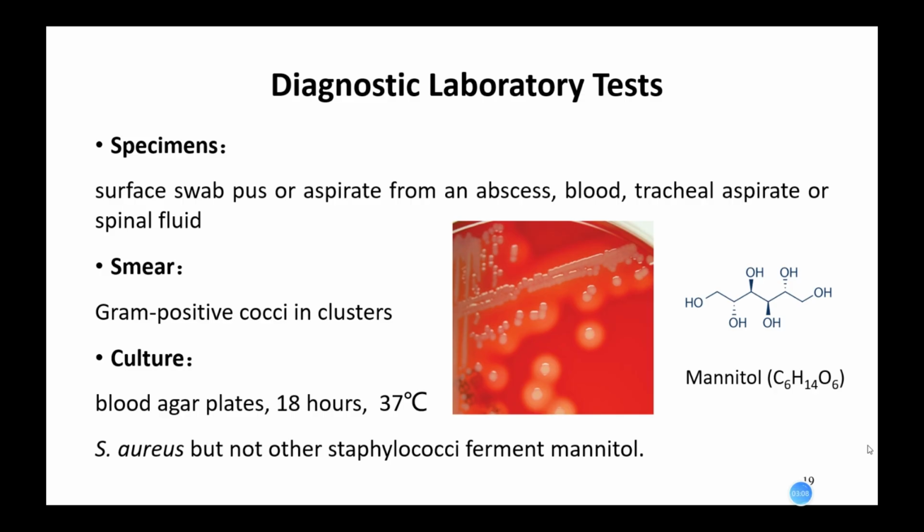You can see the colony on blood agar. It's a smooth colony, and it also produces the golden pigment, which is lipid soluble. You can also see beta hemolysis, the complete clearance of red blood cells surrounding the growth.